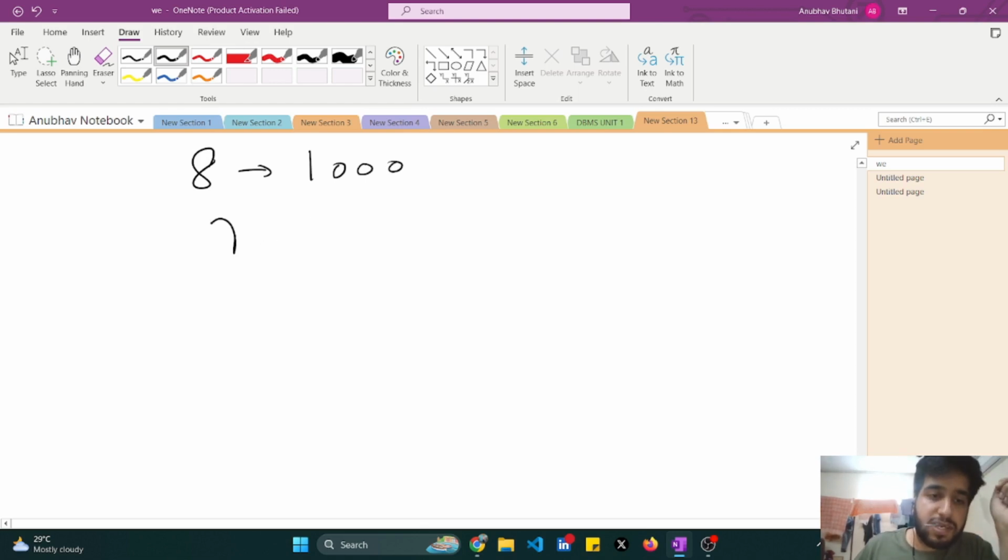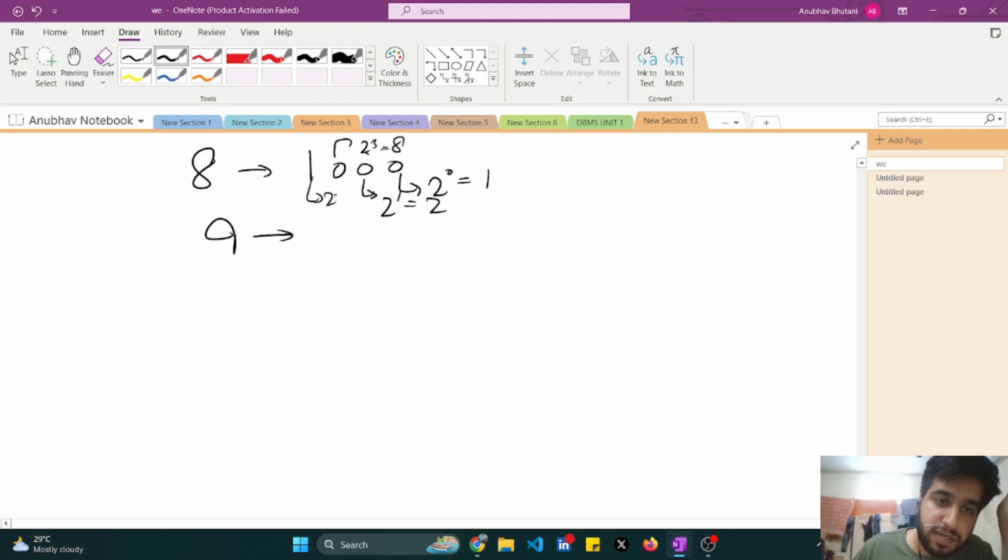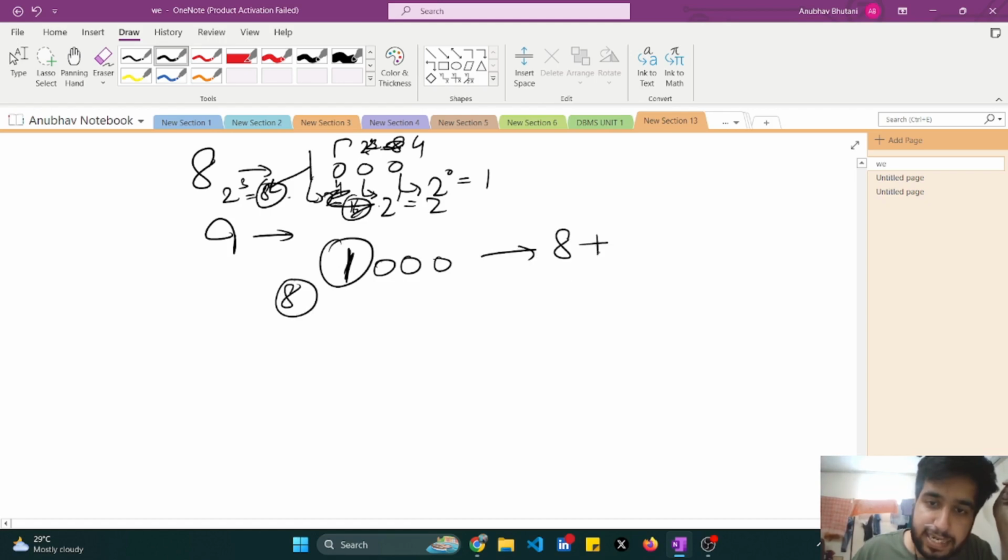What is it going to be for 9? 2 raised to power 0 is 1, 2 raised to power 1 is 2, 2 raised to power 2 is 4, and 2 raised to power 3 is equal to 8. So if this digit represents my 8, I can write 9 as 8 plus 1.